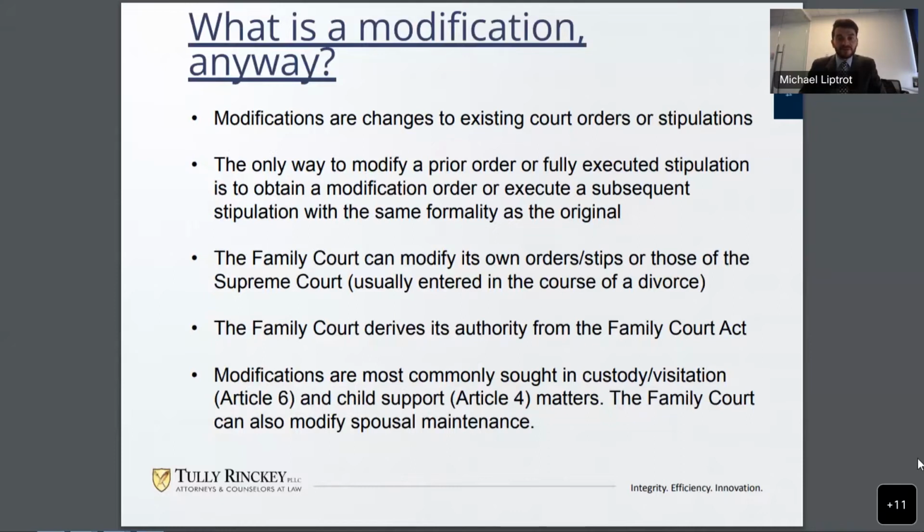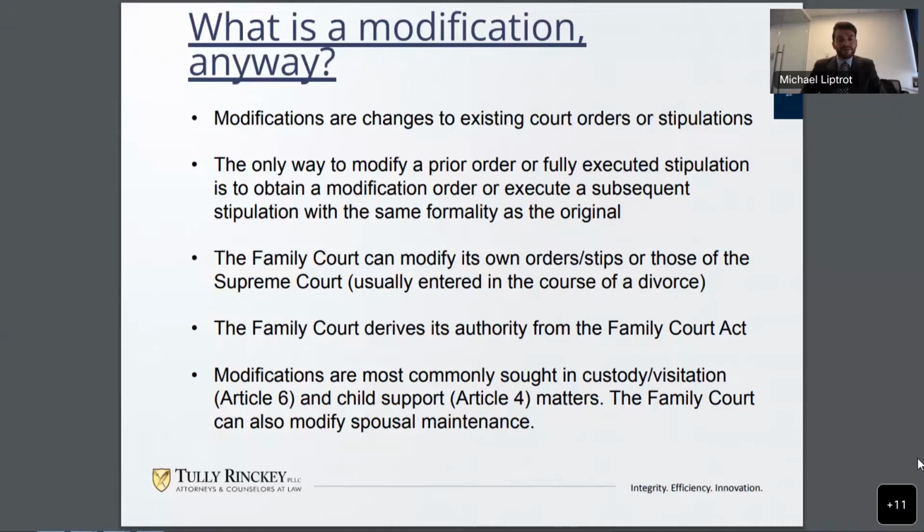That would have happened in Supreme Court. Or if your parents are unmarried or you just dealt with the issues of custody and child support and remain married, you would have gone to family court for that initial order. And you have to head back to family court to modify that existing order.